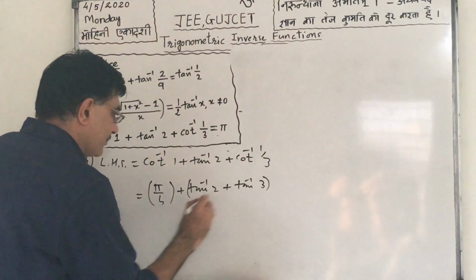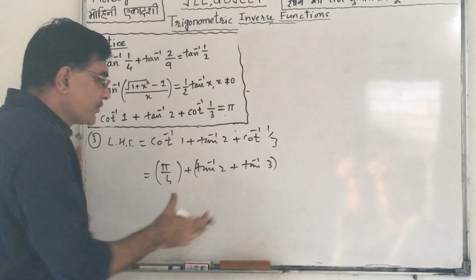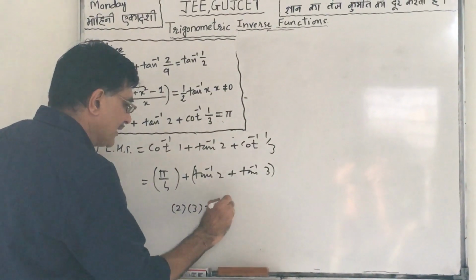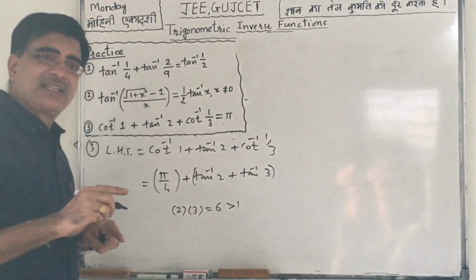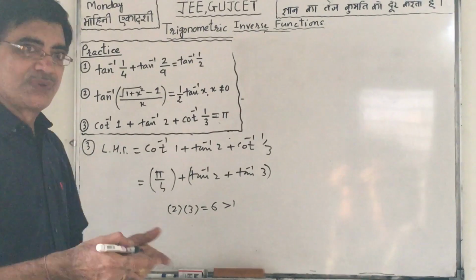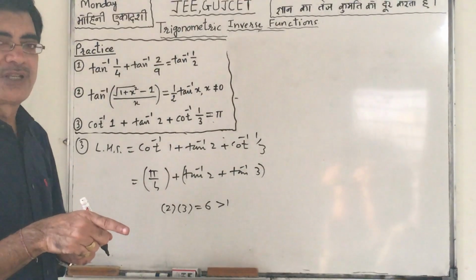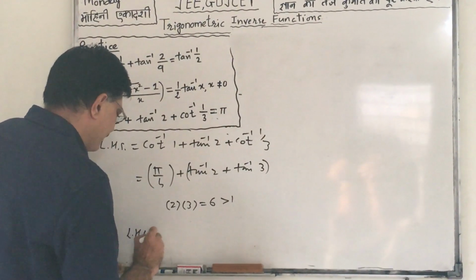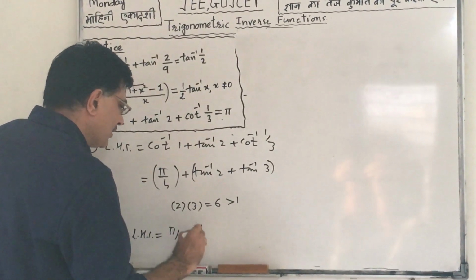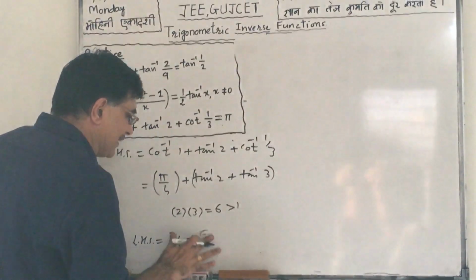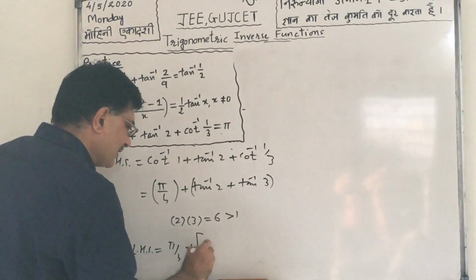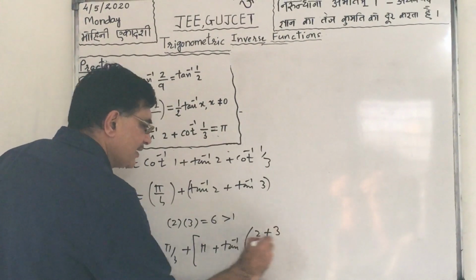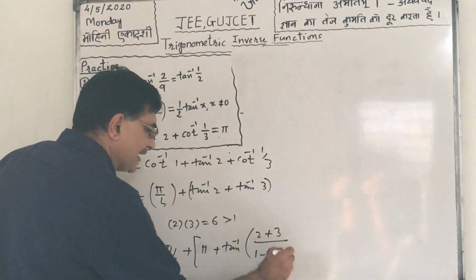Now, first of all, which formula should we use? For that, we first multiply x and y, and that is greater than 1. So the third formula that we proved today we have to use: pi plus tan inverse of (x plus y) upon (1 minus xy).